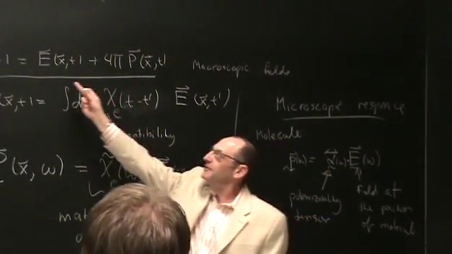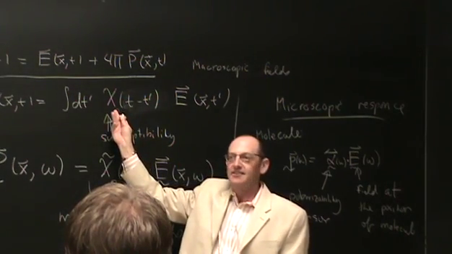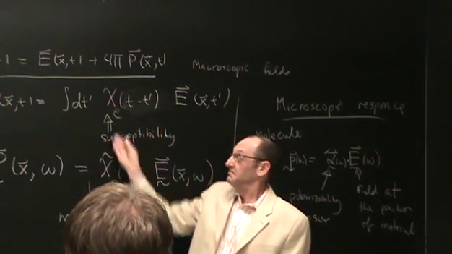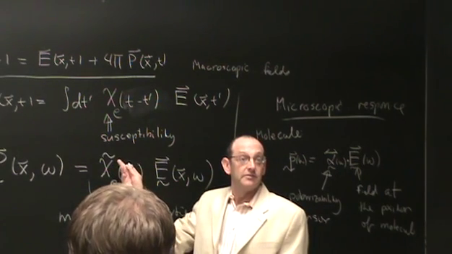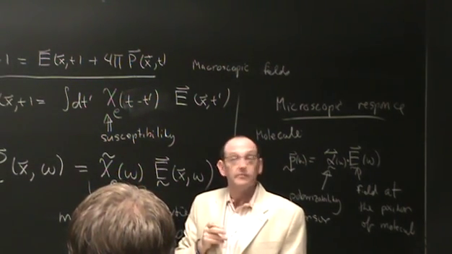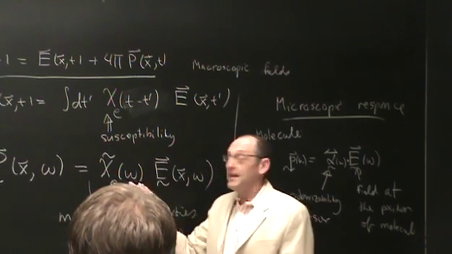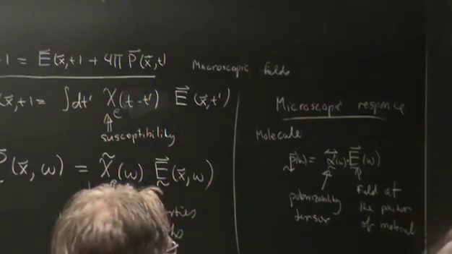Well, P has the same dimensions as E. So what are the units of chi? Dimensionless. Okay, I'm sorry, I meant to say this is a function of omega. This is dimensionless. So if this is dimensionless, then the units of alpha are units of volume.